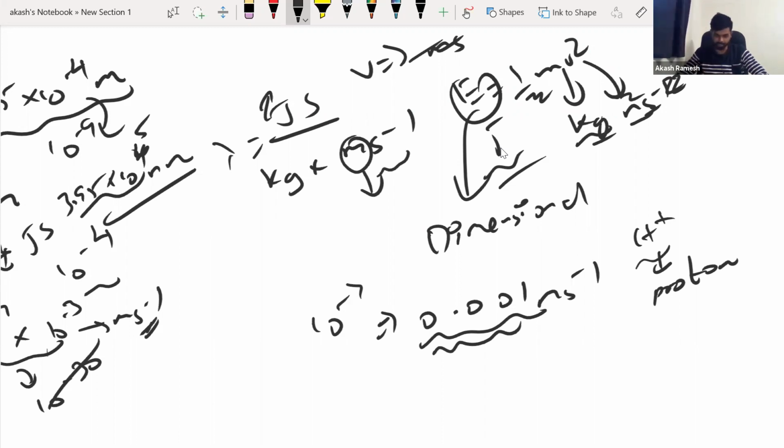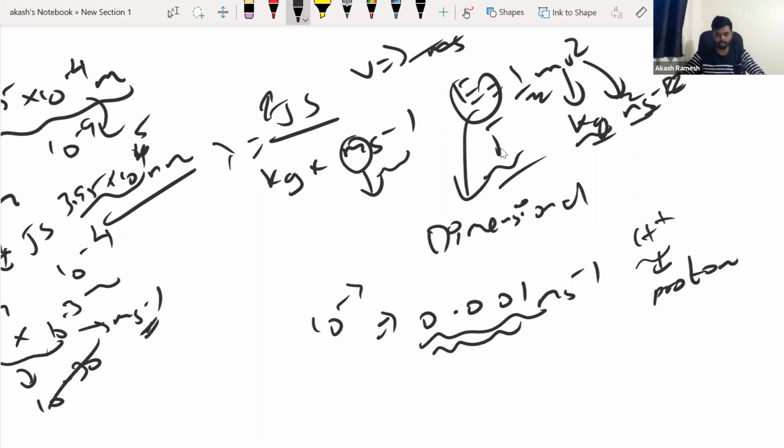The uncertainties in the measurements of position and momentum are equal, then put a comma.